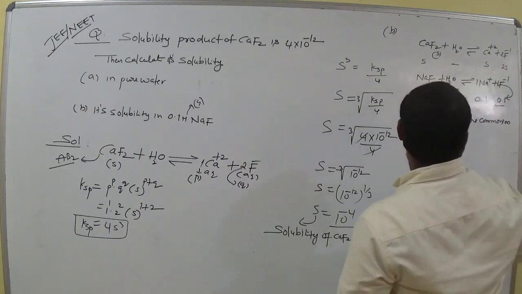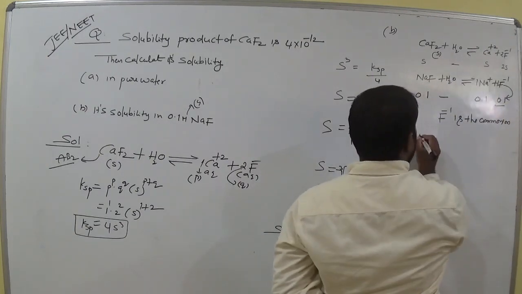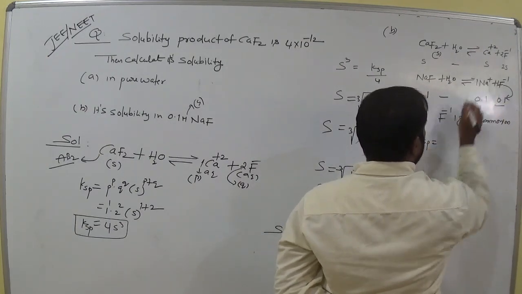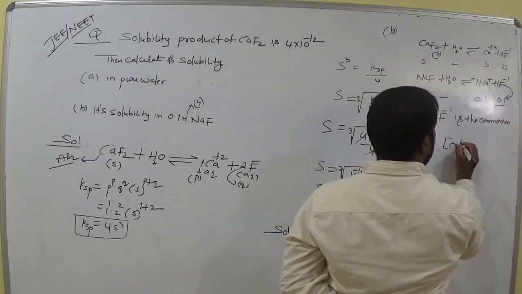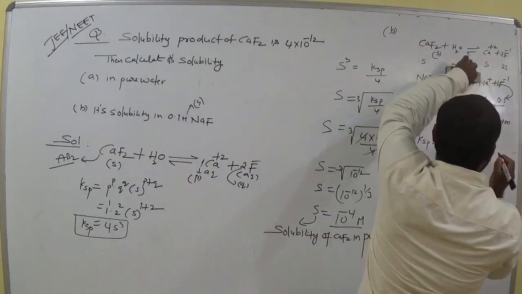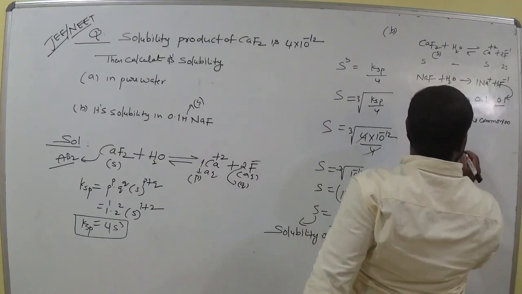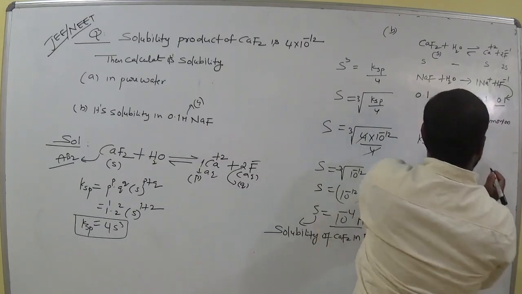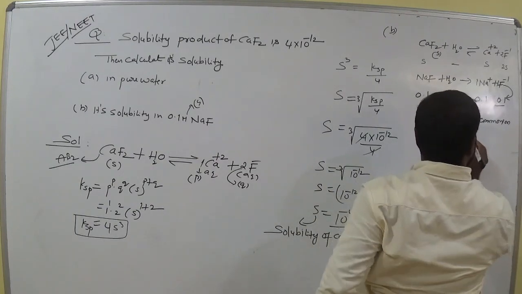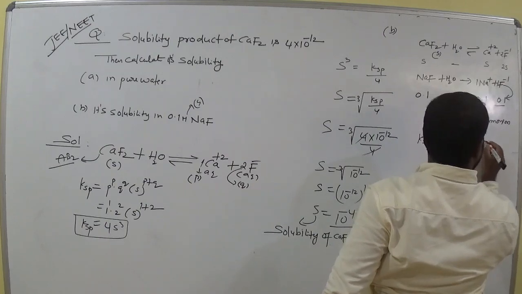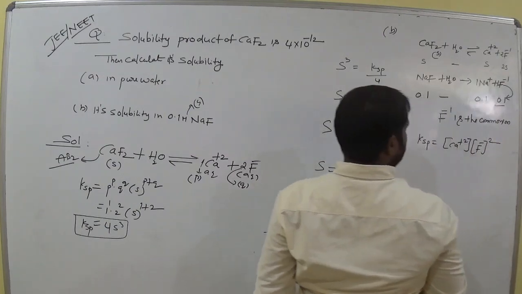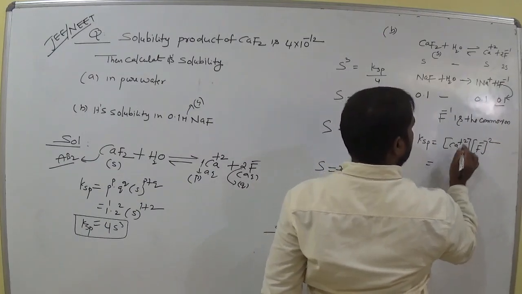Is it clear? Now write the solubility product expression for the above. KSP equals Ca2+ into F minus whole power 2. That is the expression.